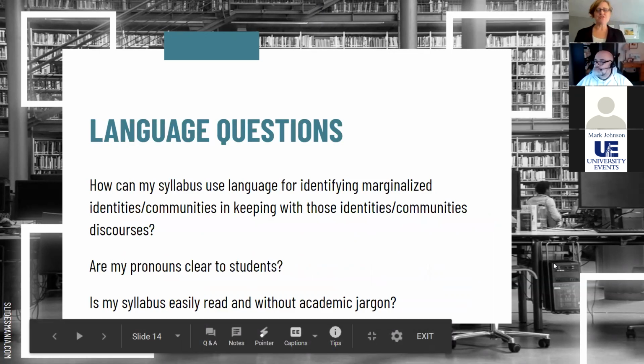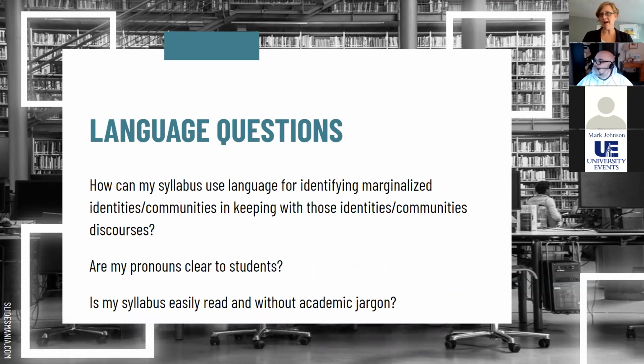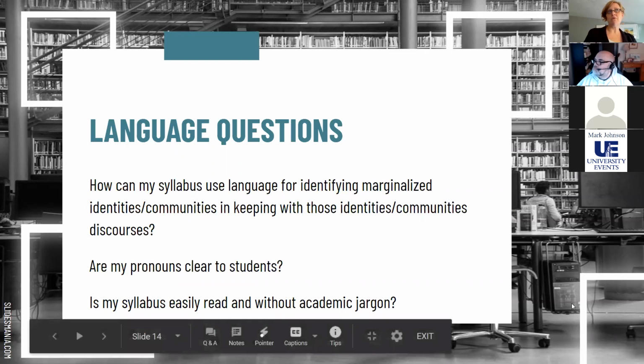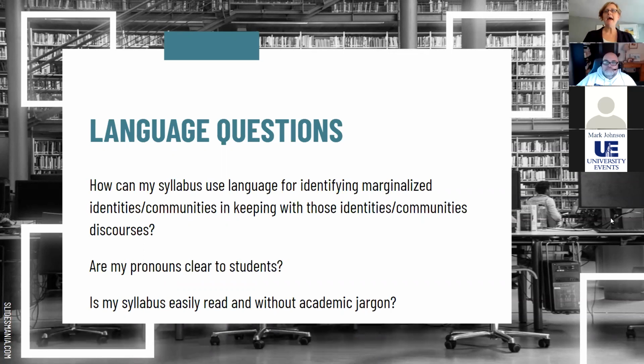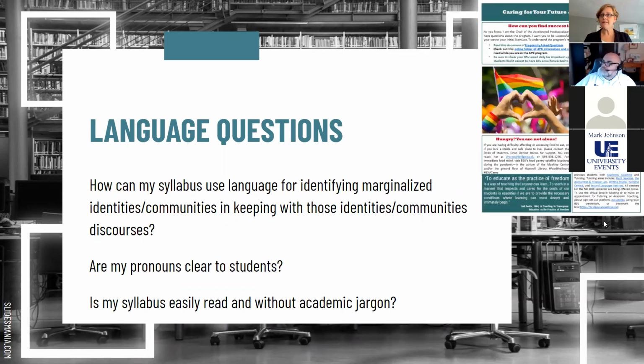Language, as I've already touched on, is really, really important. Obviously, in academia, we have our own way of talking. And it can be really off-putting for students who have not had as much background with academic language. So how can we use language in ways that are accessible to them and avoid jargon? How can we make sure we're using the most current language to identify marginalized communities? So really checking in: what do communities want to call themselves?